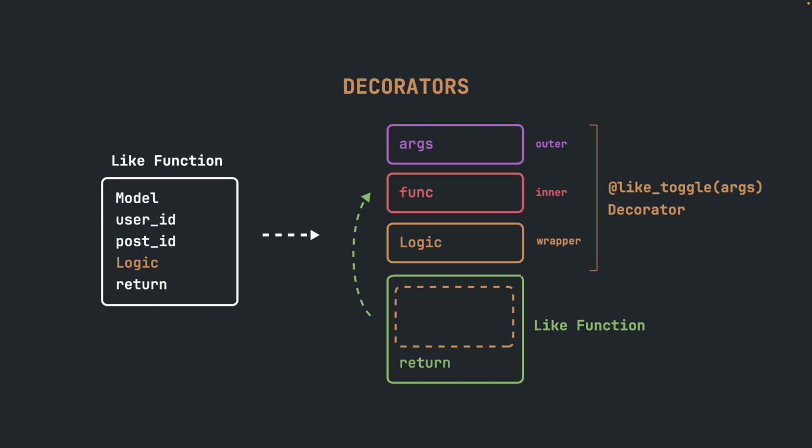Then this data from the outer and inner function can be passed through to the wrapper function, which contains the logic. Once the logic is processed, the wrapper function will return the result to the original function, which then itself returns the final output. So this is the theory. Not too bad, right? Let's look into the practice now.